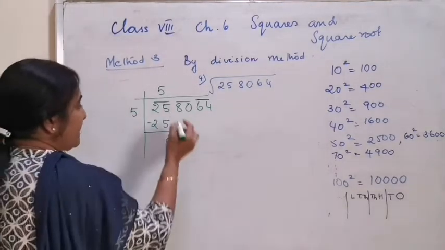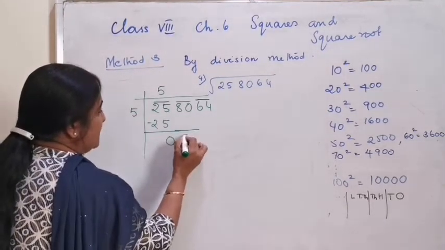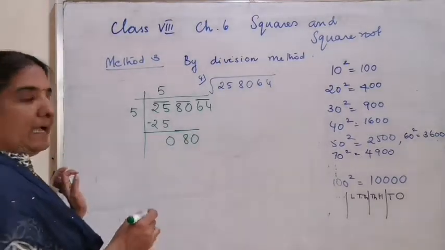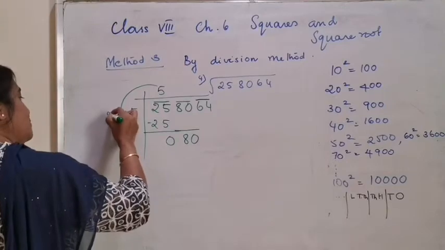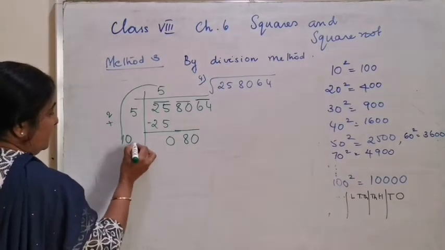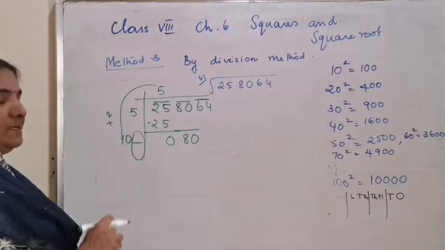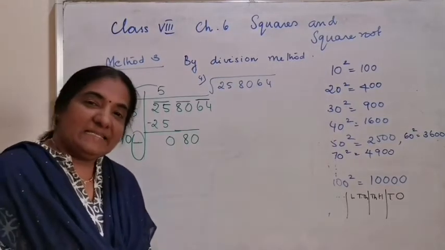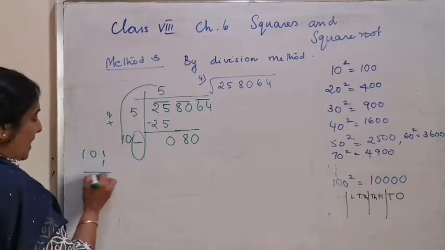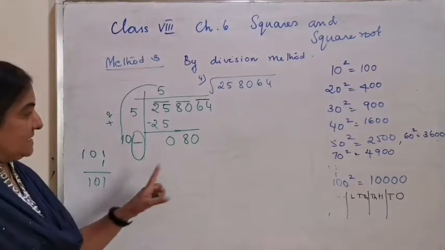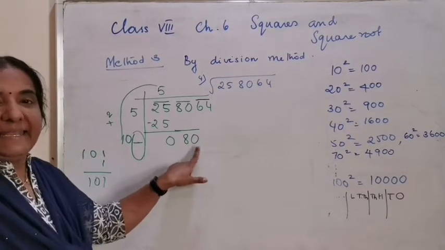And now 80, and you will double 5 into 2 as 10, and you can see here, if you insert the digit from the minimum as 101, you can see it is bigger than 80.